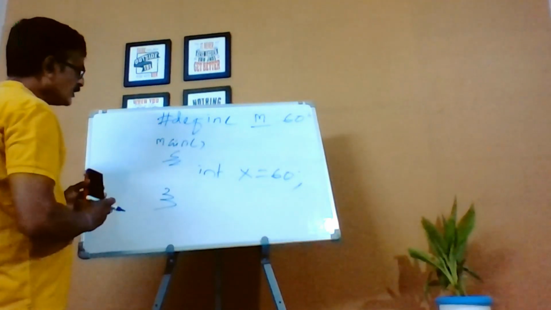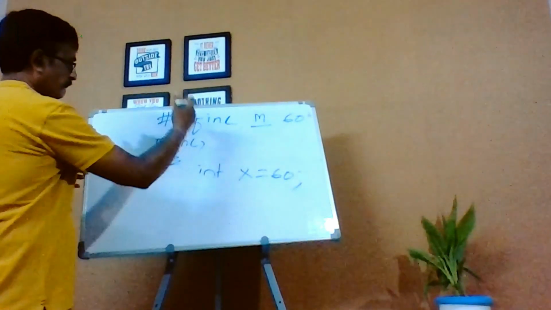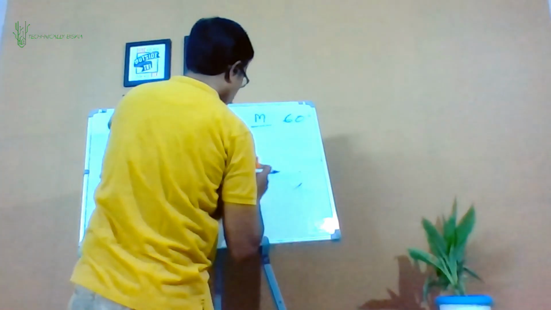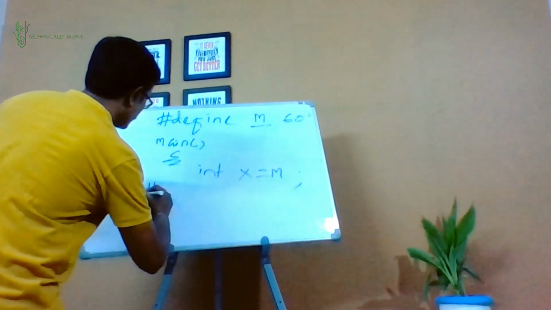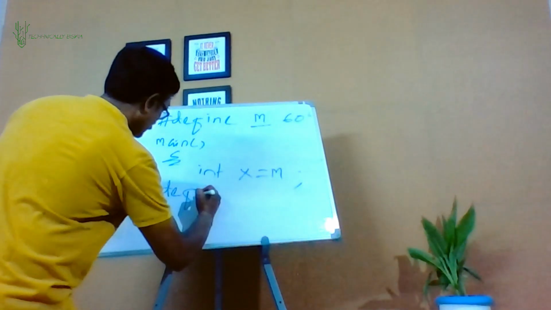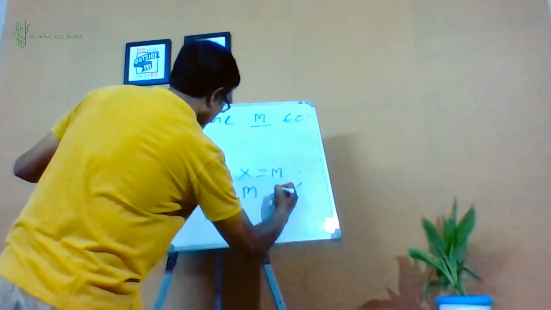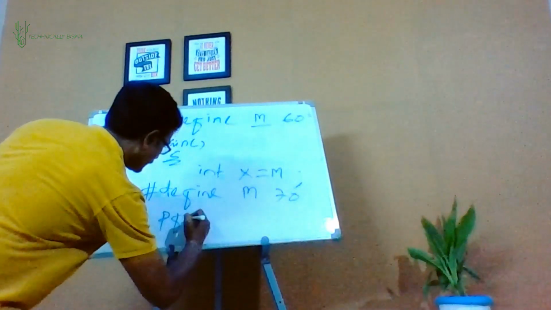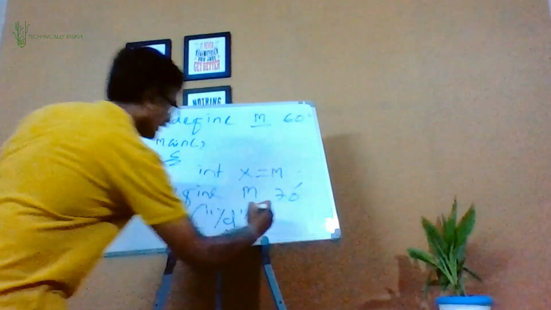Now, apart from this, look at this. In the main function I have written int x equal to AIM, and then I write this. Below this, I have a printf statement.